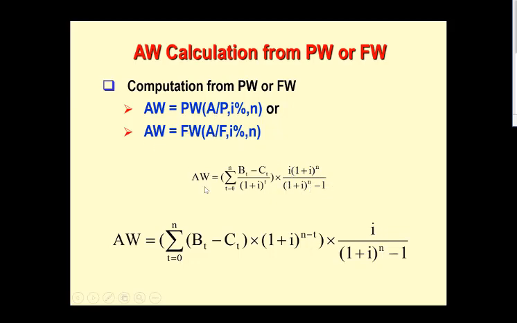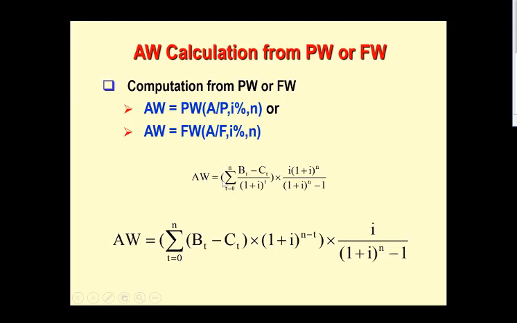If we know the present worth, we take the present worth times the recovery factor. And if we have the cash flows of projects, we use these formulas to calculate annual worth.